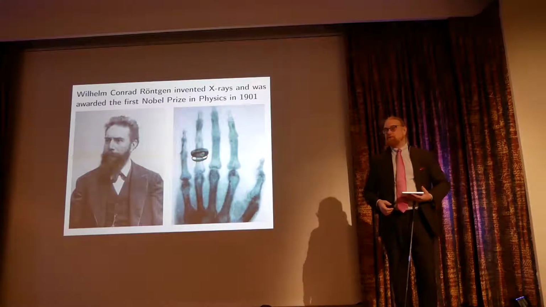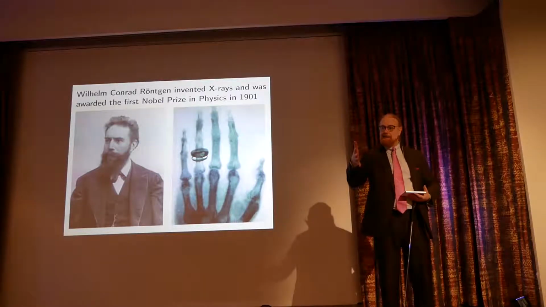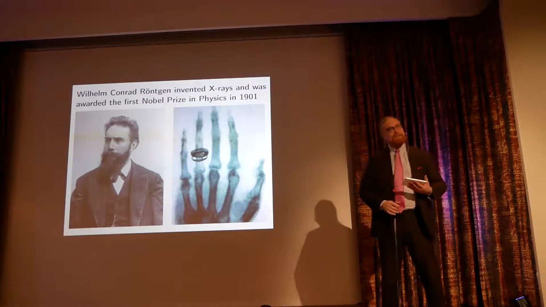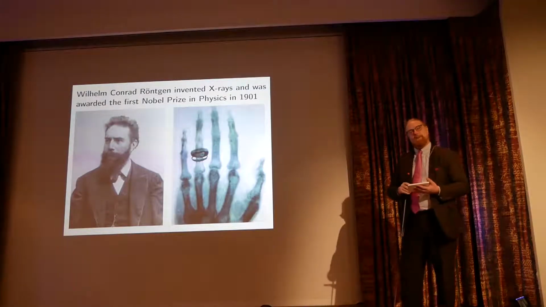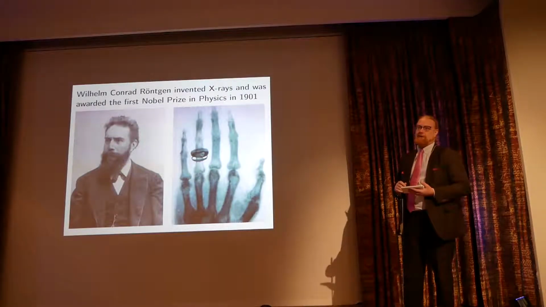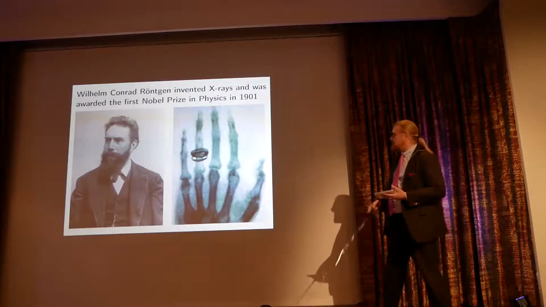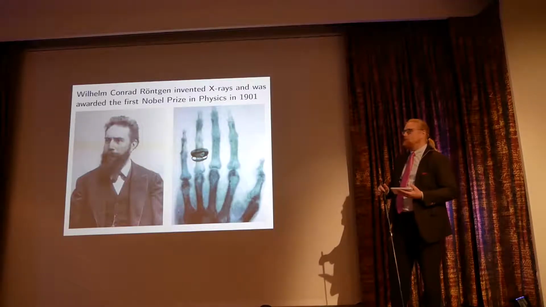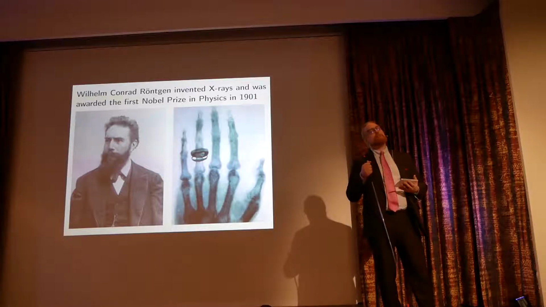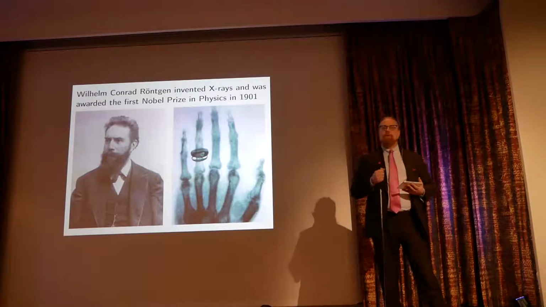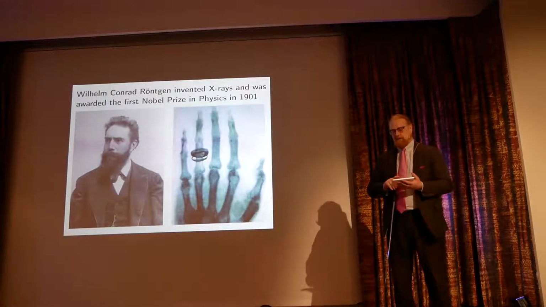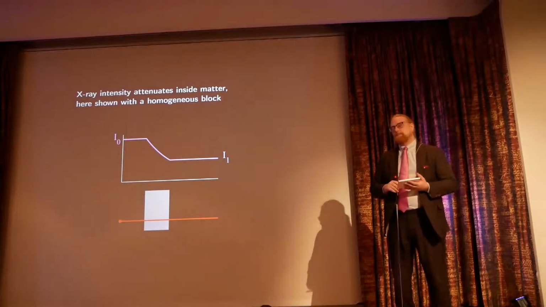But Tesla also noticed that when he put his hand in between, he could see the bones in the paint of the wall. So X-rays were really coming up in several places at the end of the 19th century. This picture is of Röntgen's wife's hand, who thought, I have seen my own death. Although I would say that later X-ray imaging became a saver of lives, as I will explain to you.